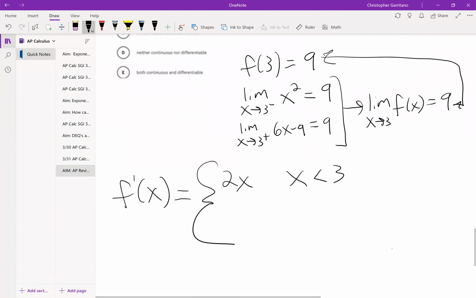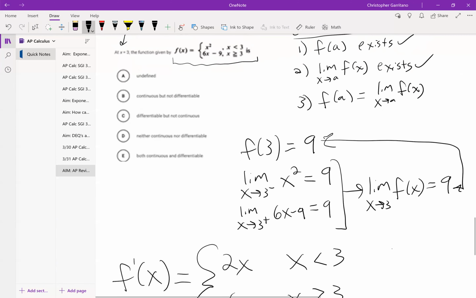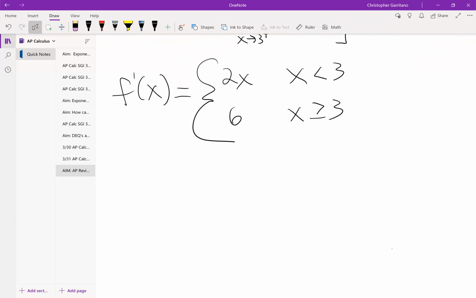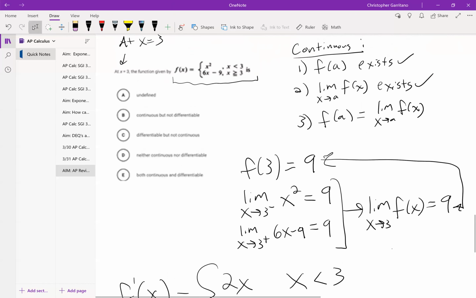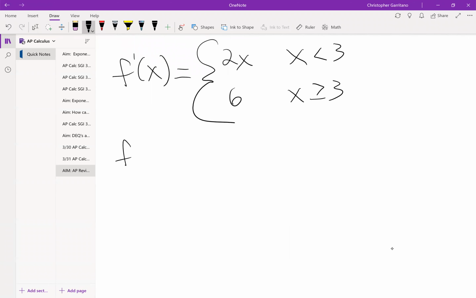The derivative of the bottom branch is just 6, and this will be the derivative for x values greater than or equal to 3. We're going to check the same three conditions. Does f prime of a exist? Does the limit as x approaches a of f prime of x exist? And are those two numbers equal to one another? Well, f prime of 3 is just going to equal 6.